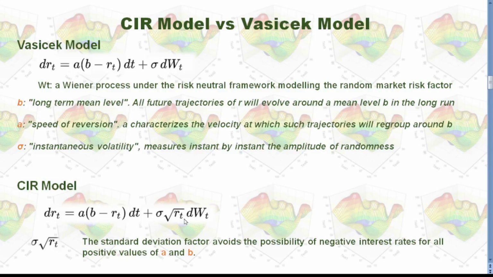You can also consider as in CIR model, the volatility is related to the interest rate. That is, when the interest rate is high, the volatility of this item is also high. Comparing with Vasicek model, there is only a constant sigma here.